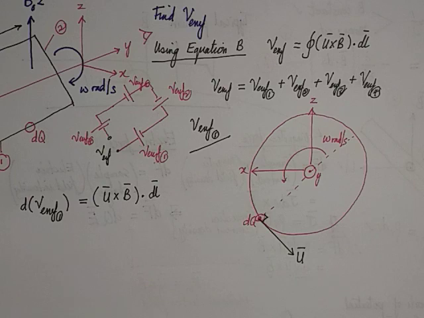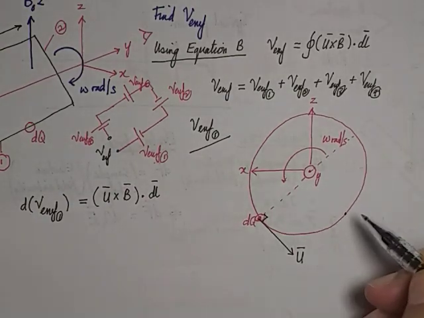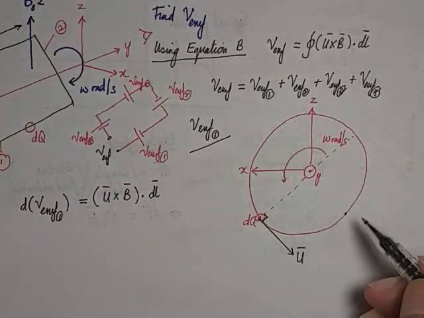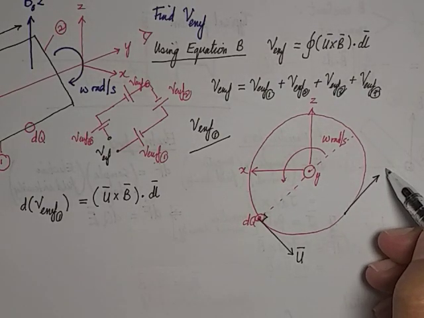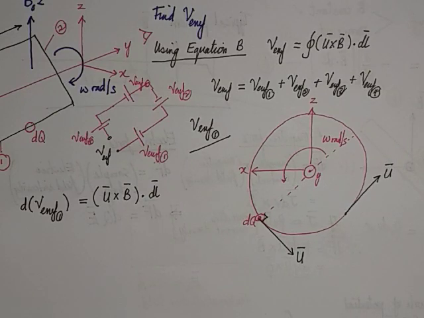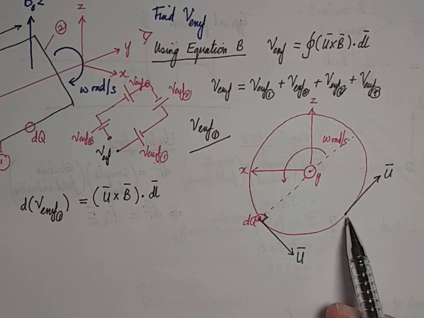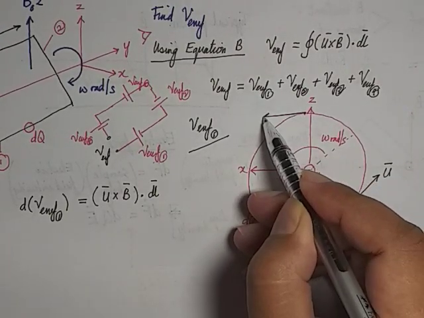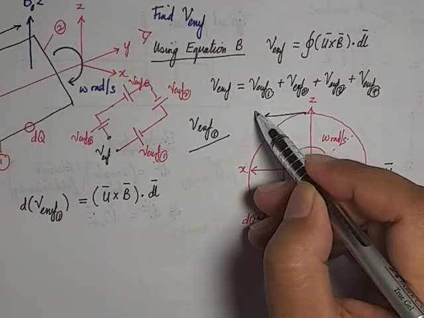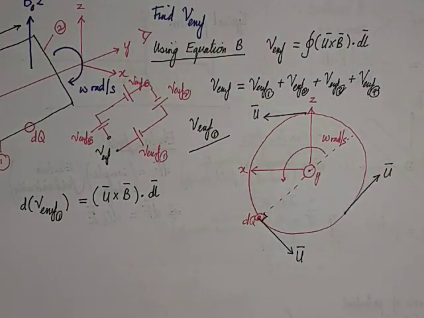But when we observe, this position is not fixed, correct? This position can be located here. If this dq is located at this position, the u is going to be like this. If this position of sample dq is located up here, the u is going to be like this. So the u in terms of direction is not fixed. It's changing based on where the sample dq is being observed.